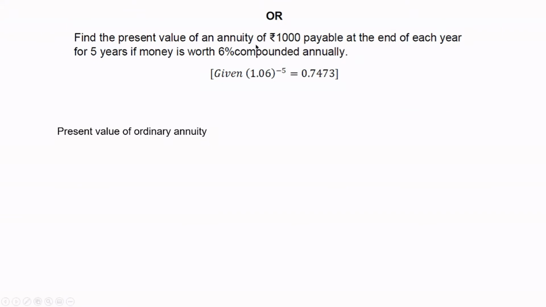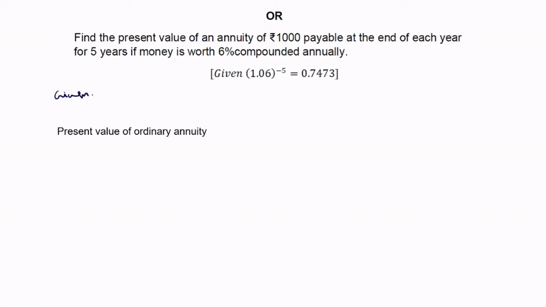The third question has an internal choice. So the R part is: find the present value of an annuity of rupees 1000 payable at the end of each year for 5 years if money is worth 6% compounded annually. So here we need to find the present value of annuity of rupees 1000.